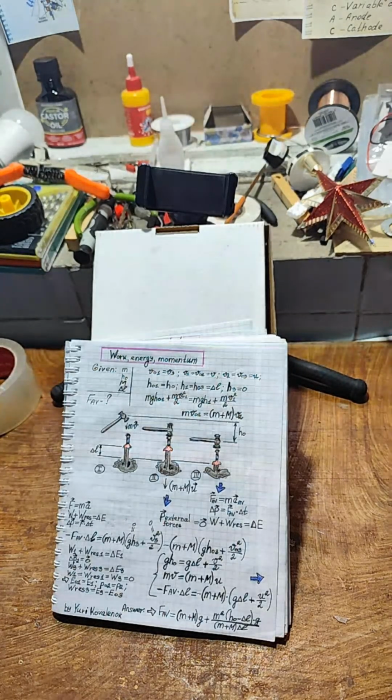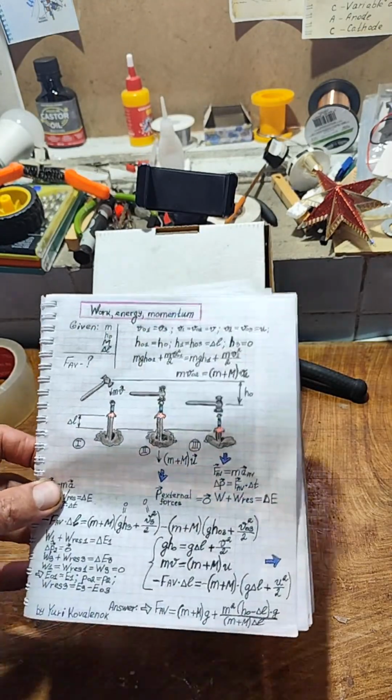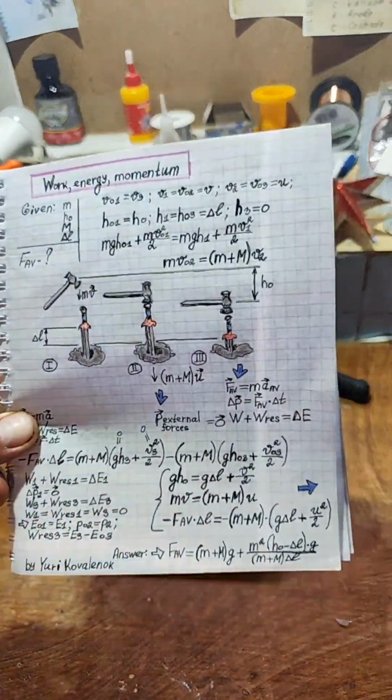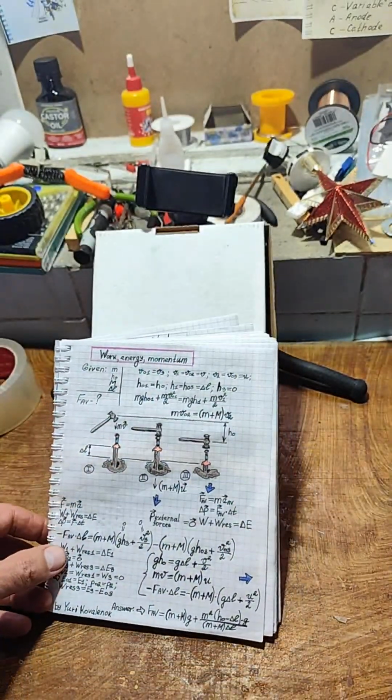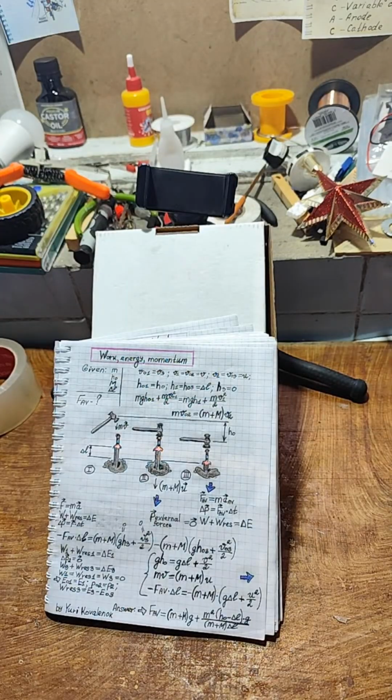I'm going to talk about work, energy, momentum. This is a problem with a solution. The problem sounds like this: a sledgehammer with a mass of small m falls freely from a height of h onto a stake with a mass of big M and hammers it into the ground.